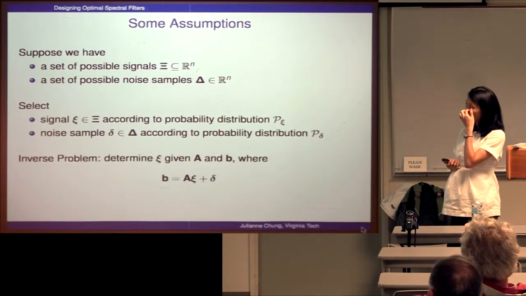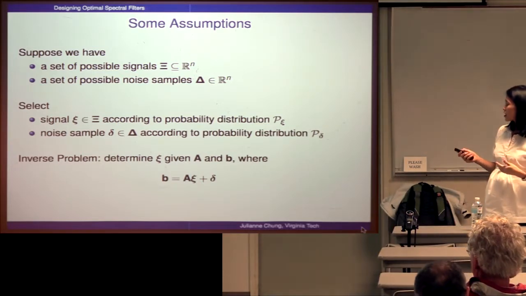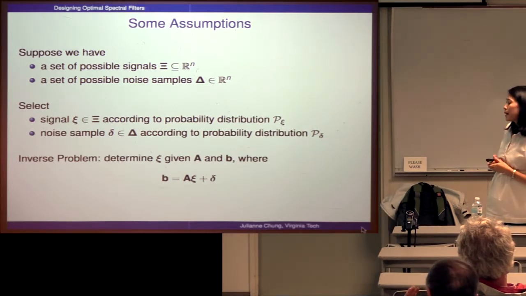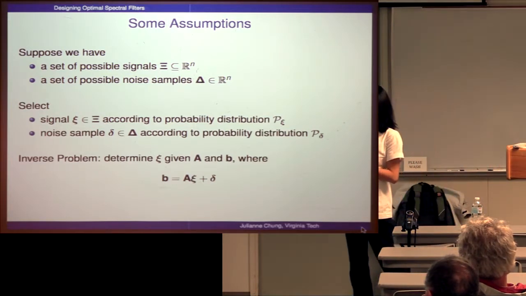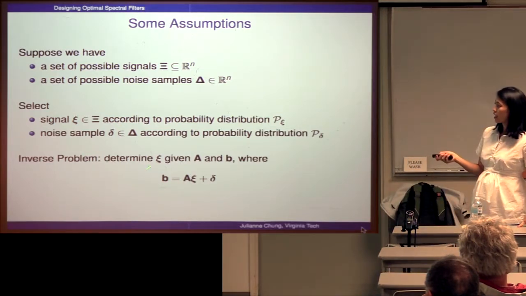Well, we have to build up a framework. To start off, let's assume that we have a set of signals, let's call it psi here, and a set of noise samples. Now, if we just select one signal and one noise sample, then we can look at our inverse problem. This looks very familiar from the first slide.